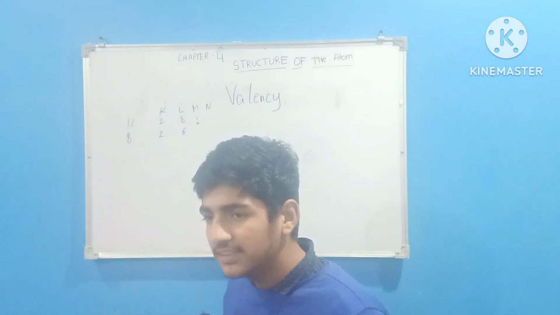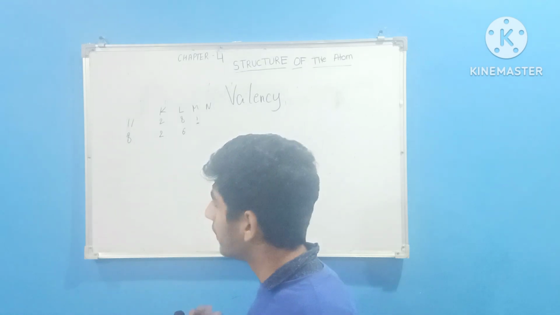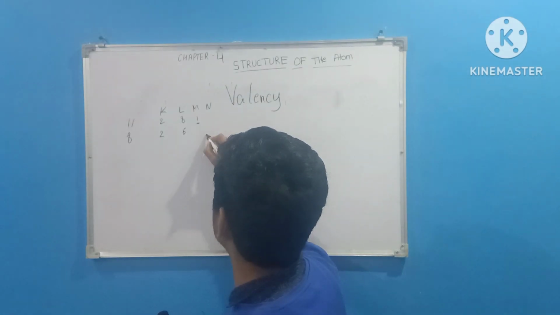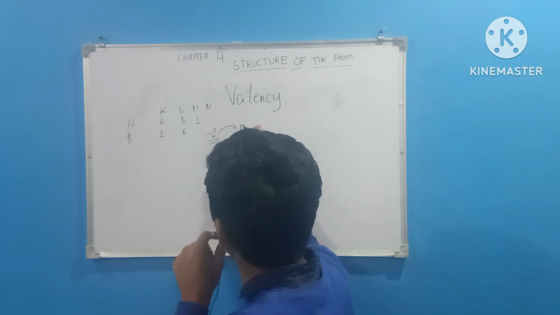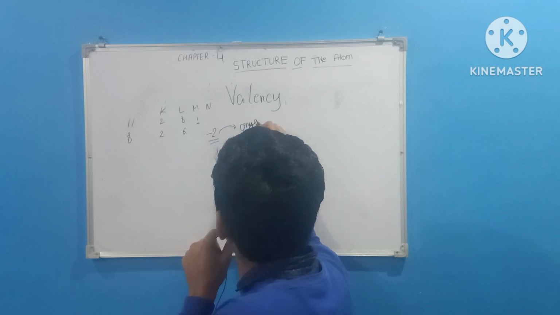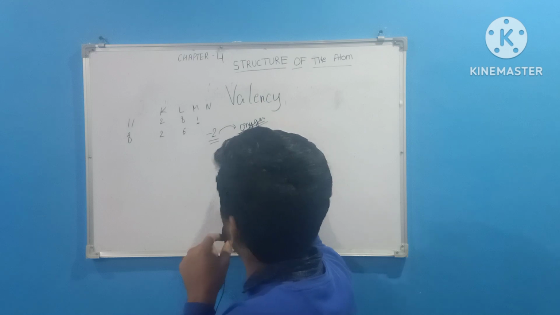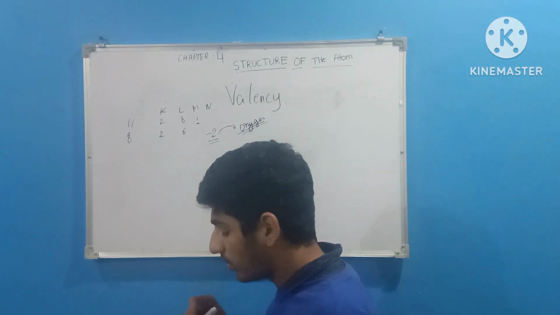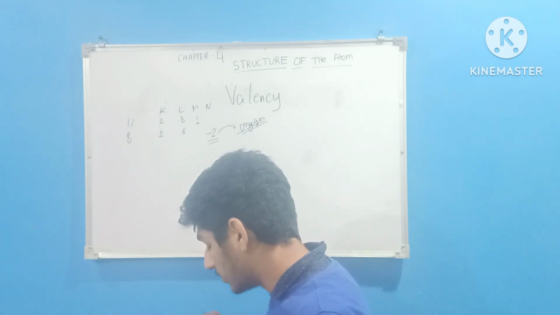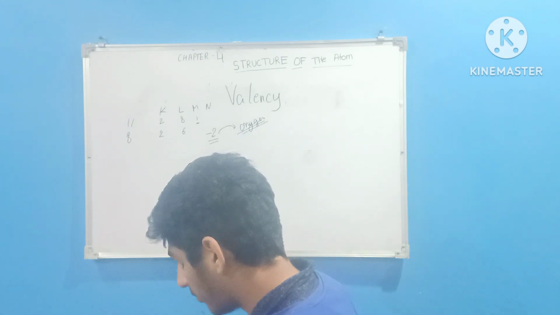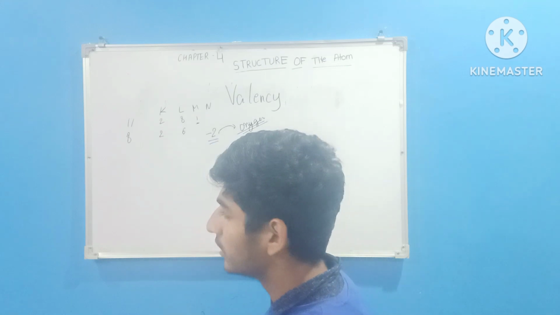Obviously it is easier to gain 2 electrons. So -2 is the valency of oxygen. You have to practice more of these questions. So let's talk about the electronic configuration.